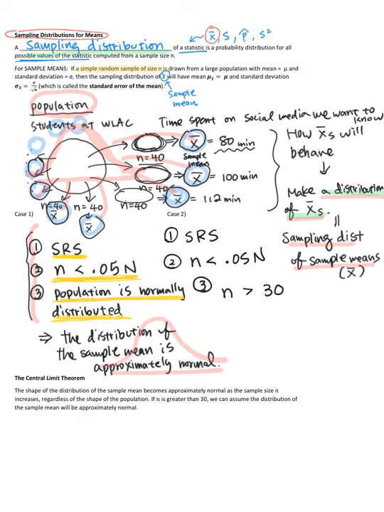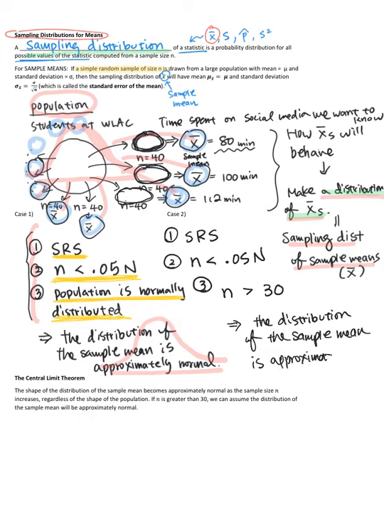Each sample, where I collect a bunch of samples and find X bar for each, if each sample size is greater than 30, then we can safely assume that the distribution of the sample mean is, again, approximately normal.